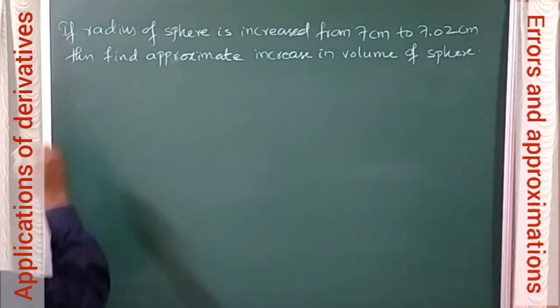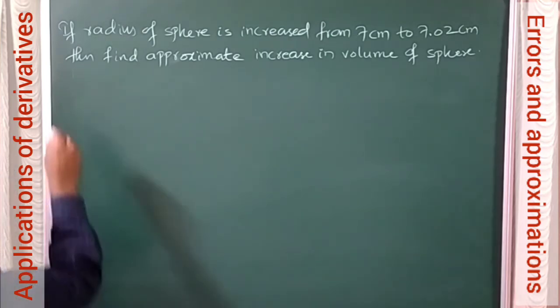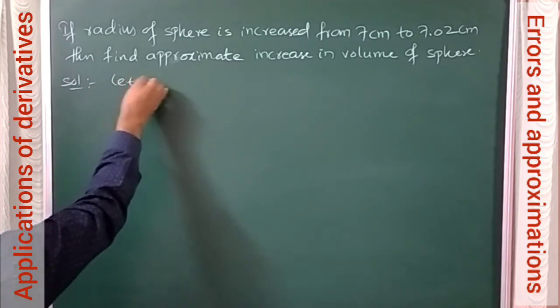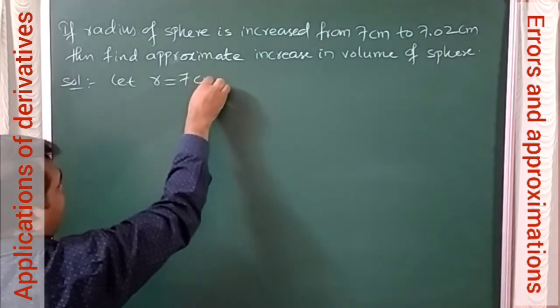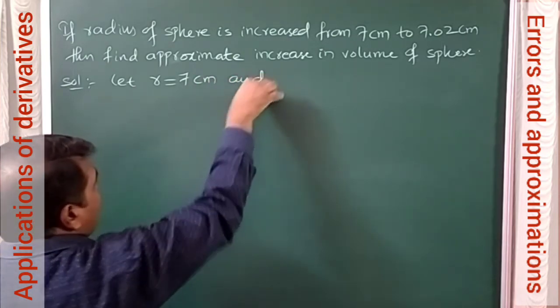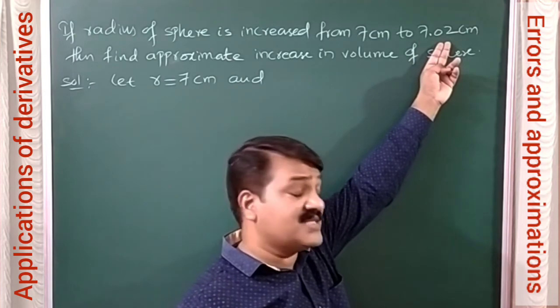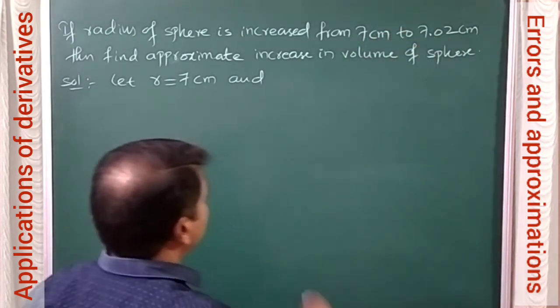Okay, so the radius of the sphere is increased from 7 to 7.02, they have given. Let us consider the radius of the sphere as r, which is 7 centimeters, and the radius after increase is 7.02. So how much increase is there in the radius?